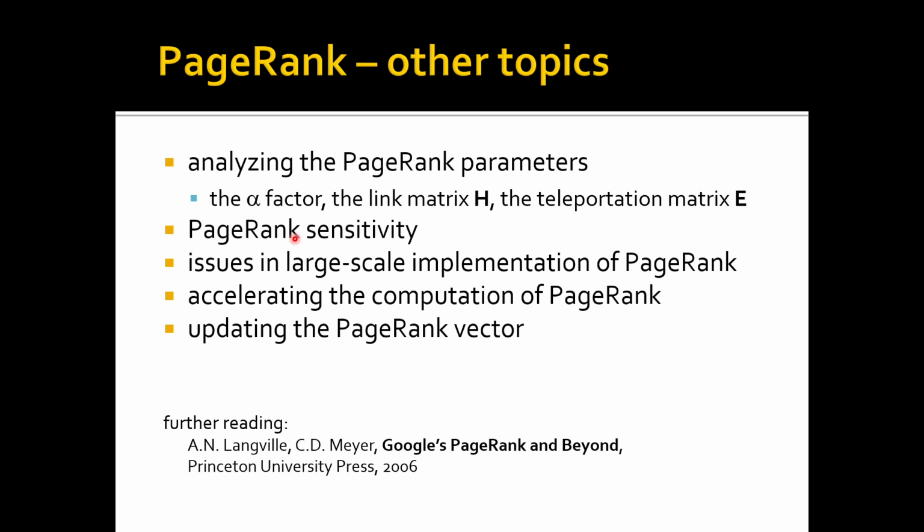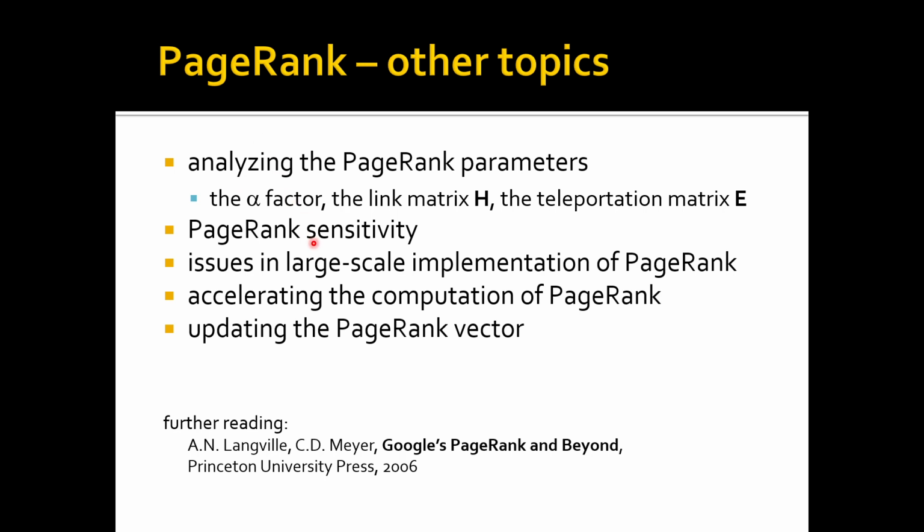And last but not least, what about the alpha factor? How important is alpha? We said it was set to 0.85, but what happens when it is 0.9 or 0.7? All of this is a subject for further study.